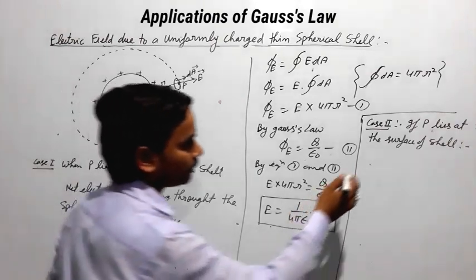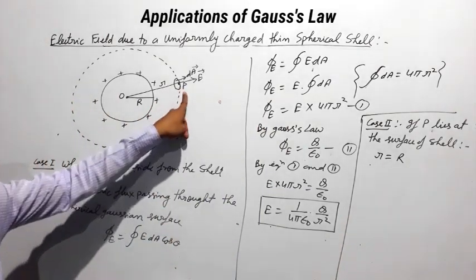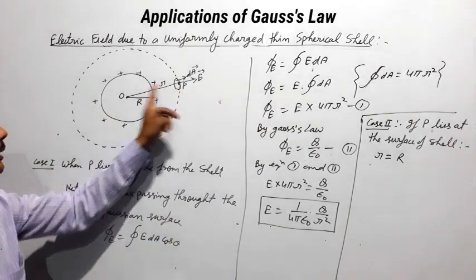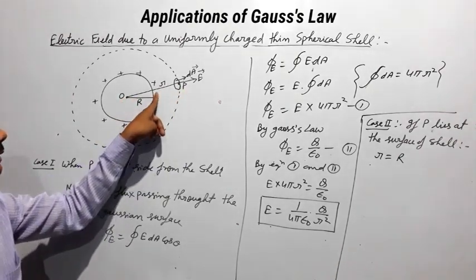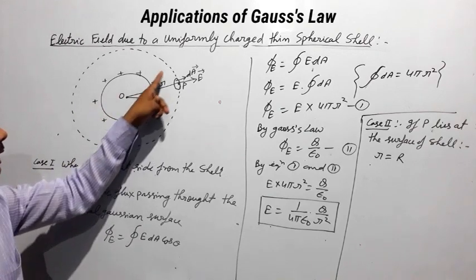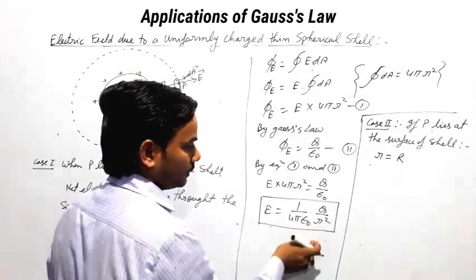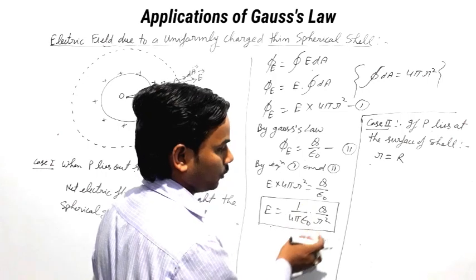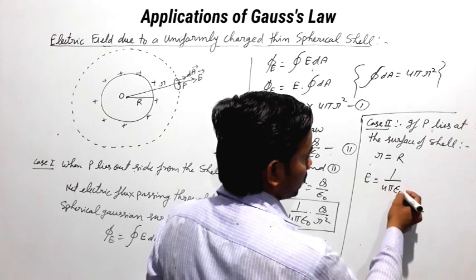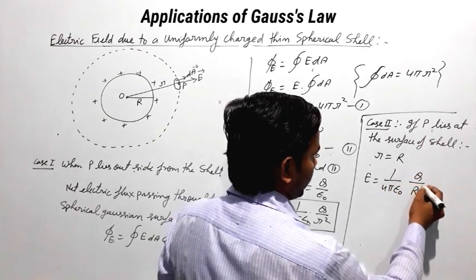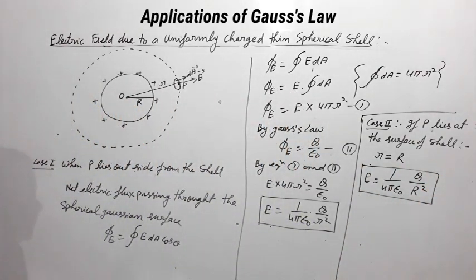Then small r will equal capital R, because the distance of point P from the center of the shell is small r. If point P lies at the surface of the spherical shell, then small r and capital R are equal. So putting this in the equation, the electric field at the surface of the spherical shell will be 1 upon 4 pi epsilon naught q upon capital R square. This is the formula for the electric field at the surface.